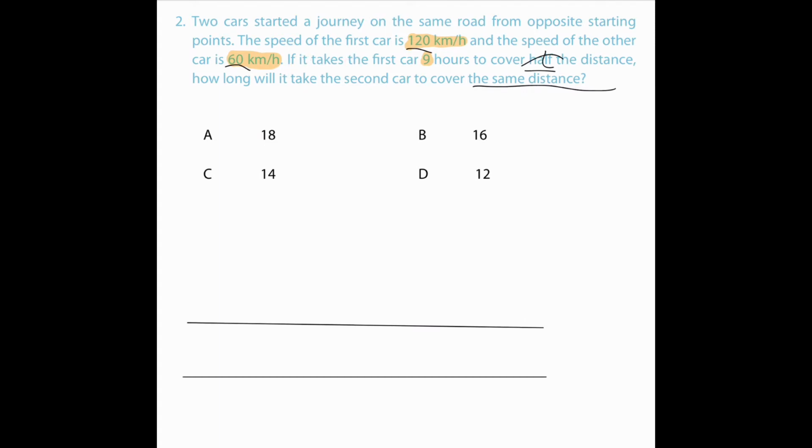It's going twice as fast as the second car. So if it took 9 hours to reach that distance, it took 9 hours to go that way, and it's 120 kilometers per hour. That's its speed. I'm just trying to show you the logic here.